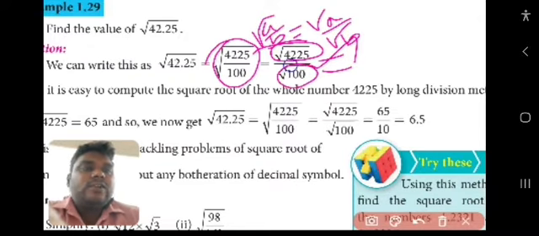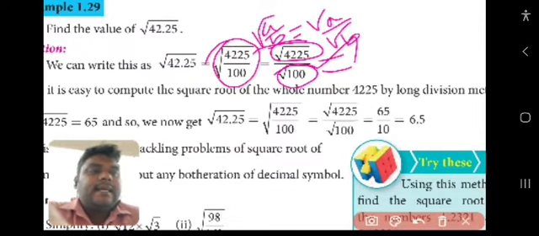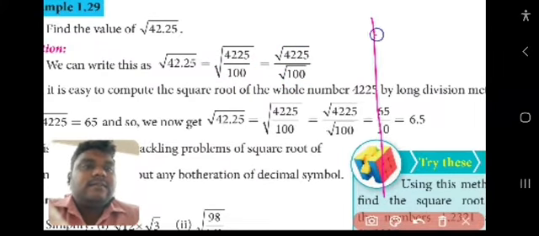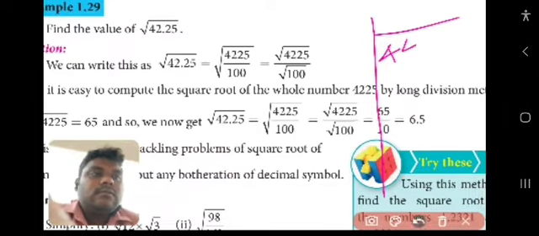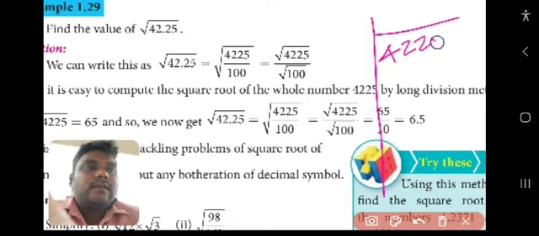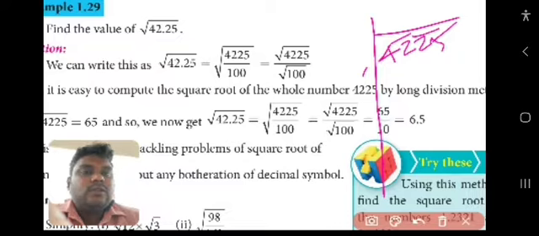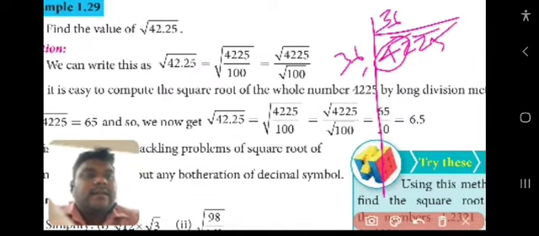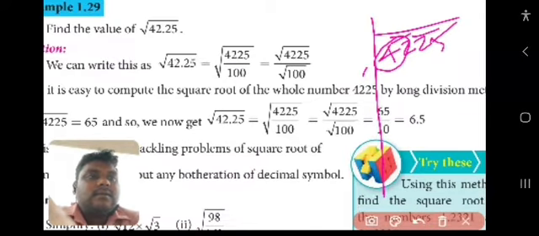We know that the square root of 100 is 10. Let's see how to find the square root of 4225. There are 2 pairs of numbers. In 42, the closest number is 36 in the square table, so we put 6 here. 6 6s are 36.